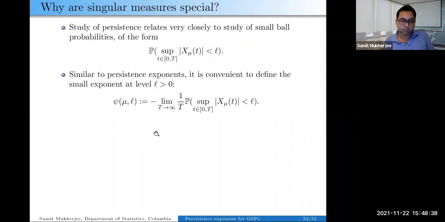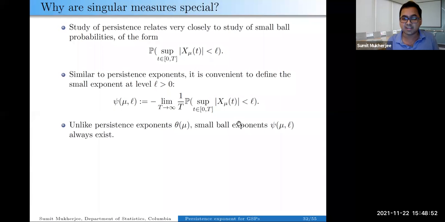Let's define the small ball exponent, similar to Peirce's exponents. It's negative limit of 1 over t, log of the probability that the supremum is less than L. And I can define this because, unlike Peirce's exponents, the small ball exponents always exist, no matter what the mu is. You give me a mu, the small ball exponent exists.